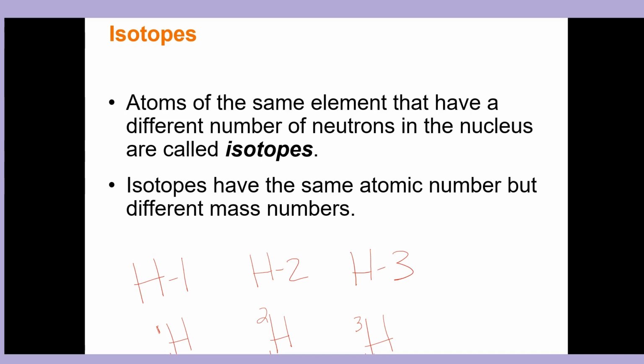The first hydrogen has 0 neutrons. For hydrogen 2, I have 2 minus 1 to give me 1 neutron. And for hydrogen 3, I have 3 minus 1, which gives me 2 neutrons.